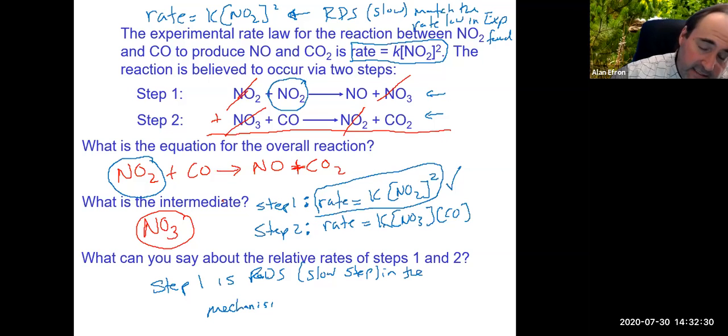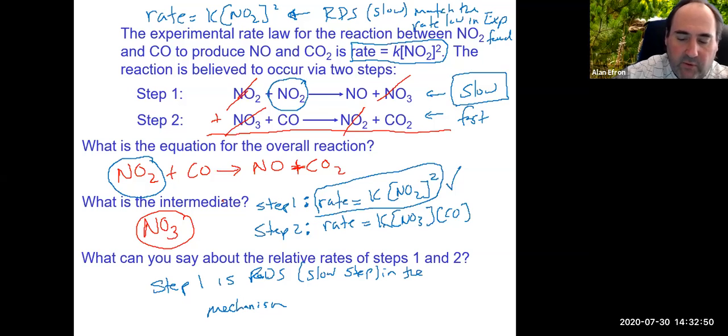And again, that is because the rate law that is found for the first step matches perfectly the experimentally found rate law. And that tells us that step number 1 is the slow step. And by default, this guy would be the faster step. So it really is step number 1 in this series of 2 steps that is determining how fast, or I guess how slow, this reaction would be occurring.